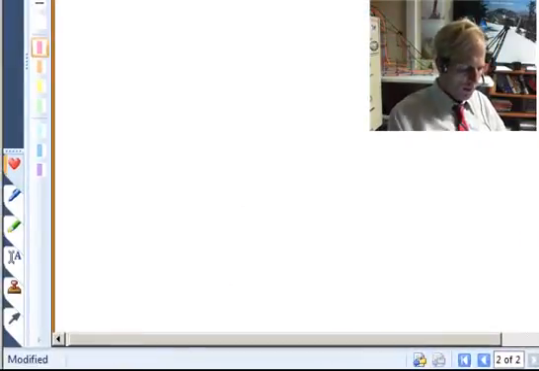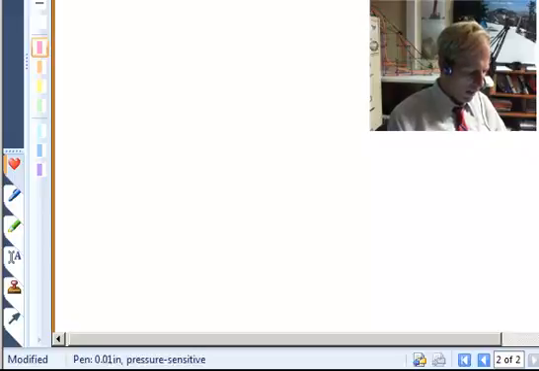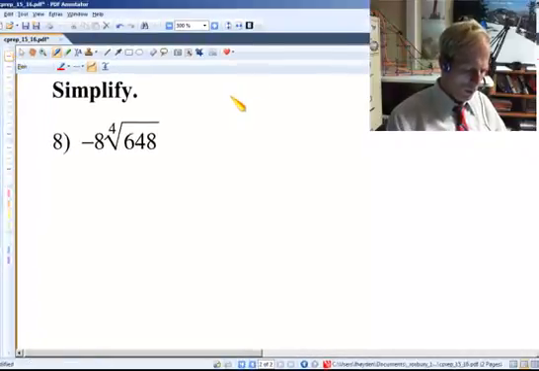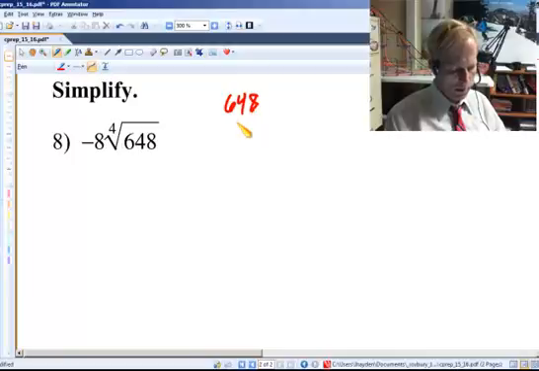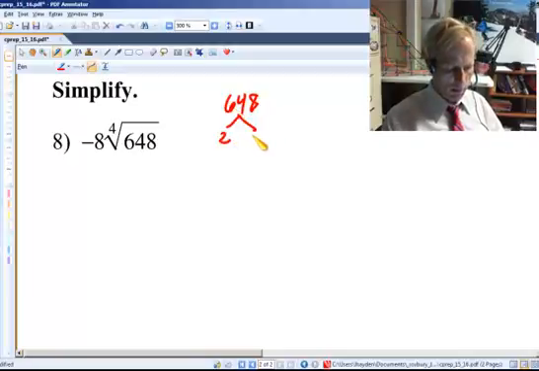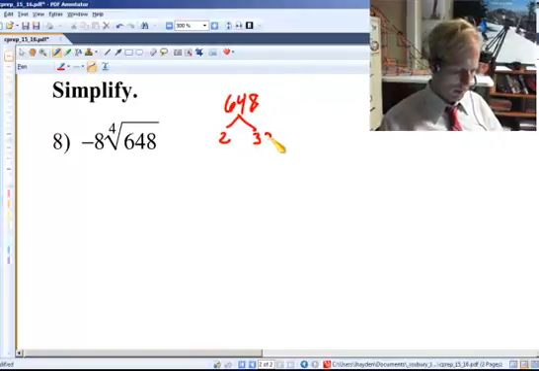Okay, now I'm asked to simplify some higher order radicals. So I always want to do a factor tree when I'm asked to do these problems. If I have an even number, I know it's going to be divisible by 2. This would give me 2 times 324. 324 is also divisible by 2.